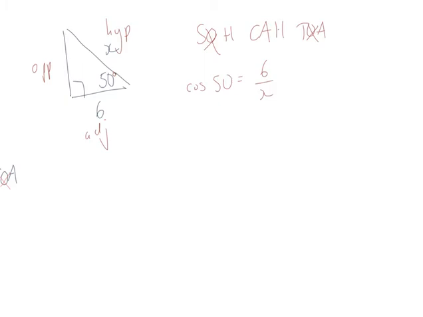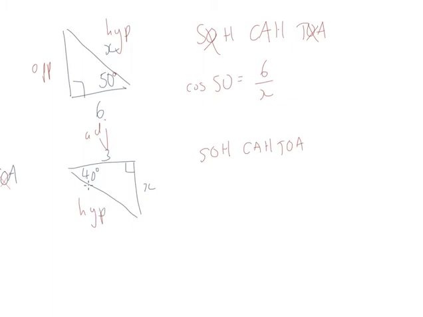If I grab another example, and I have, say, 40 degrees here, and I have x and 3. Again, two sides at an angle, so SOHCAHTOA. What sides have I got? This is my hypotenuse here.